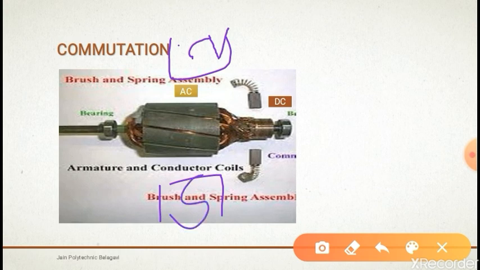So the direction of the flow of current has to be reversed in these conductors. The reversal of the current takes place when the conductors are along the brush axis. That is, when the brush short circuits that particular coil, at that time the current will be reversed.